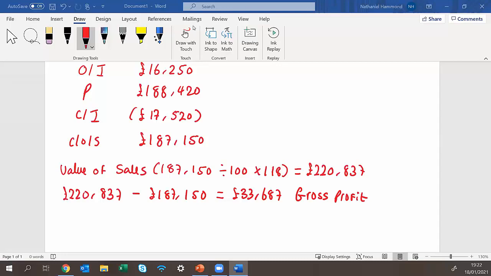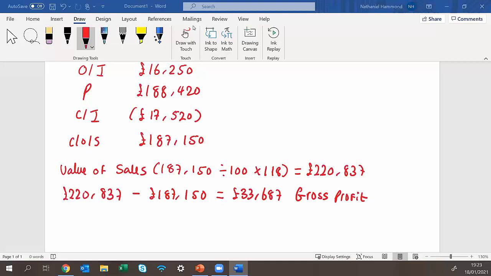It's just about making sure we remember to do the finer details right. Like I said, for example, making sure we take off the closing inventory when we're working on our cost of sales, making sure we apply that markup or margin calculation correctly. Like I said, make sure we know what figure we're working towards. And then, of course, making sure we know what the question is asking for.